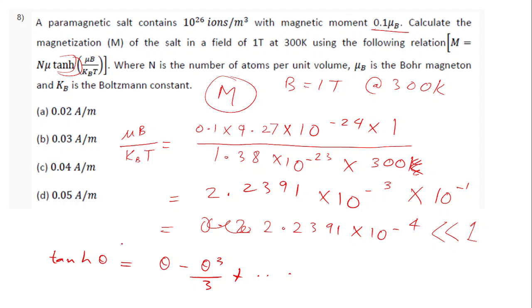But if theta is very small, its powers will be even smaller. So if the angle is very small, we can ignore the other terms of the expansion and consider just the first term. Here also, since mu B by kBT, which is theta, is very small compared to 1, we can approximate tan hyperbolic by it. So the magnetization we can calculate using this expression.